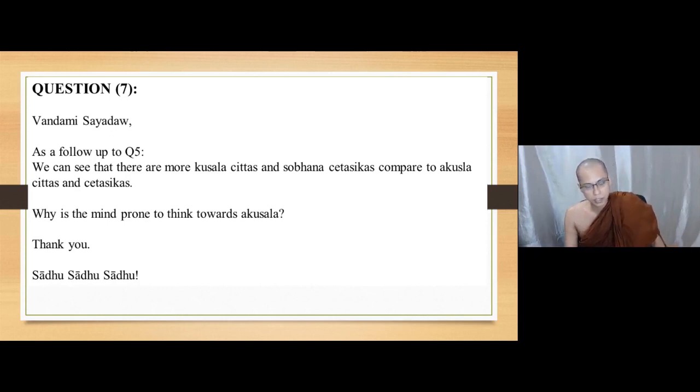So in the Buddha's teaching, it says that the mind always likes the unwholesome. It always likes it, according to its own nature. It means the mind is comfortable with the unwholesome, because from the long cycle of existence our mind has been connected to the unwholesome.